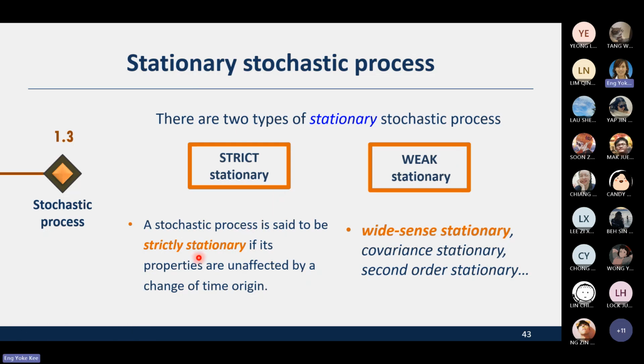We say this stochastic process is strict stationary if its properties are unaffected by a change of time origin. Property here means characteristics. The characteristics of the data are not affected by a change of time origin.